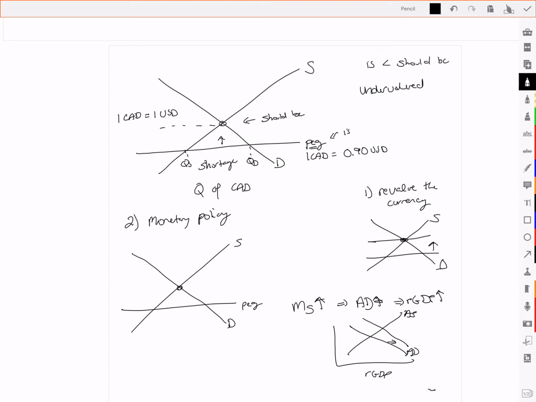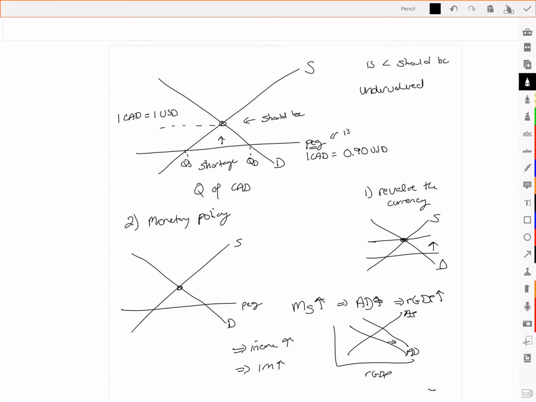It goes up, okay? And when real GDP goes up, then income goes up, right? Households have more money. The economy is growing. We're demanding more goods. And when income increases, we start buying more foreign goods. We start going on more foreign trips.